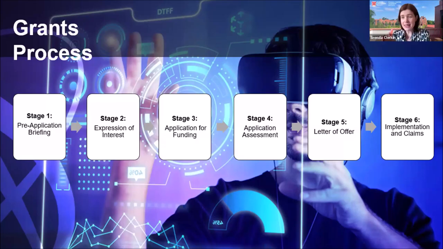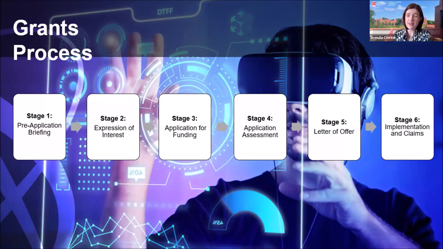The application is then assessed, and it is assessed in a number of different ways. It's assessed within the councils as a first level of assessment. It then comes to us within the Clinton Leadership Institute here at Queen's, and then there is a panel put together at the end. So it's a very detailed, robust process around the assessment of the applications.